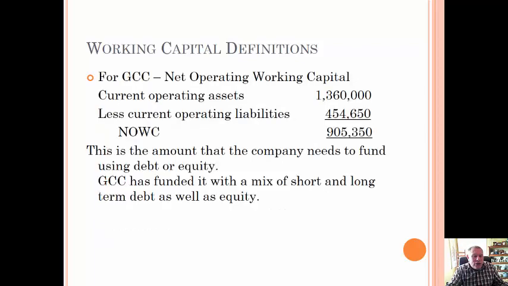So let's just take another look here at Geneseo Coffee Company. We're operating working capital. There's the current operating assets, less current operating liabilities, net operating working capital, 905. So this is the amount the company needs to fund using debt or equity. And you can see from their balance sheet that they have funded it through a mix of debt and equity.